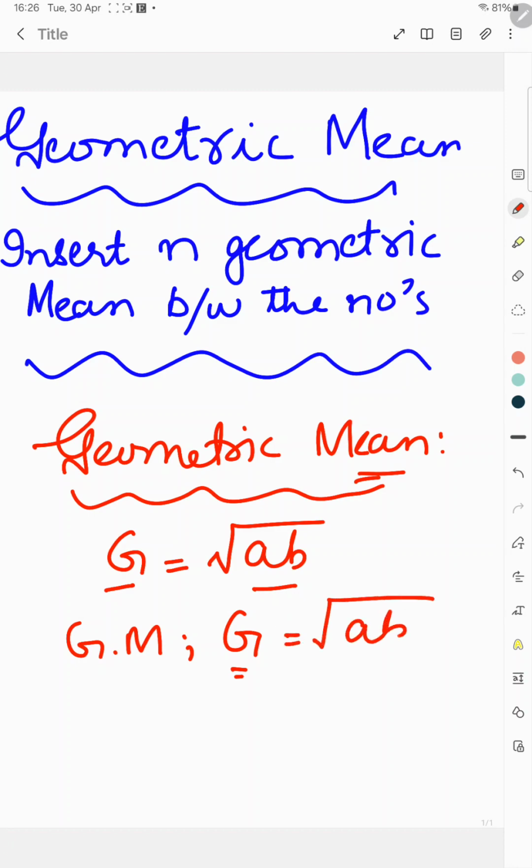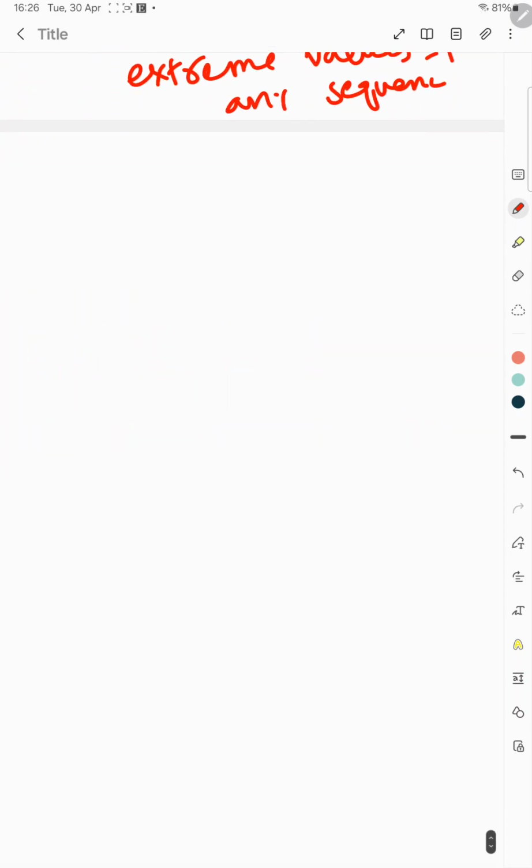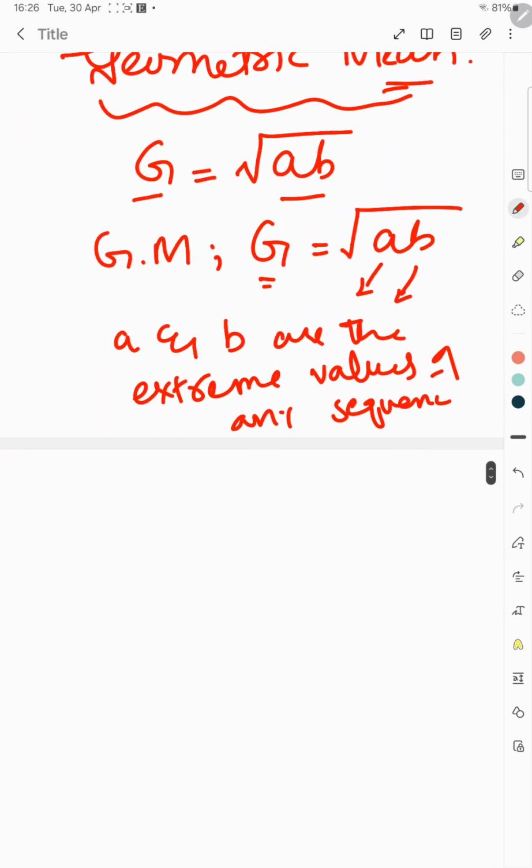And what are a and b? Student, a and b are the extreme values of the sequence. For example, a sequence is given, that is 3, 6, 12, 24.